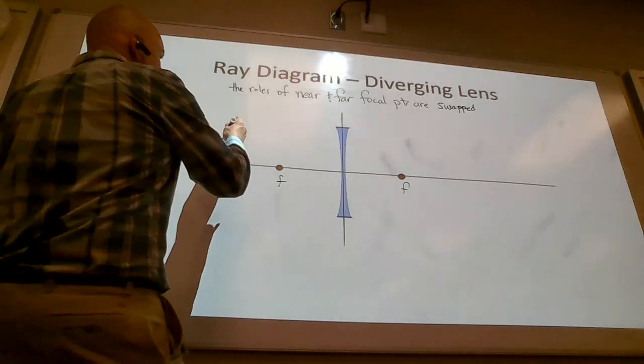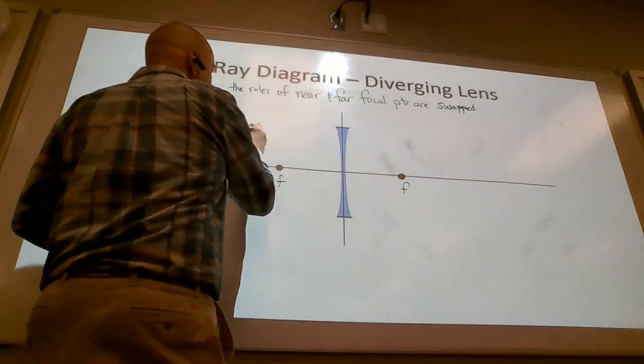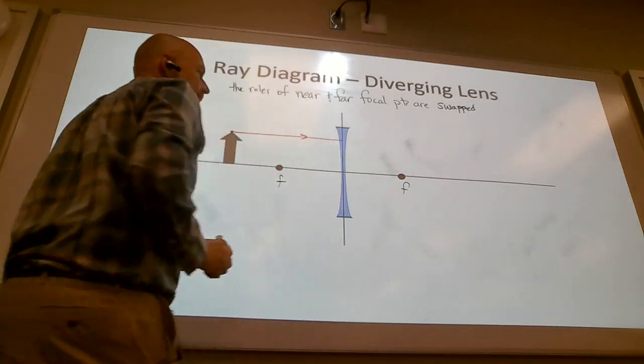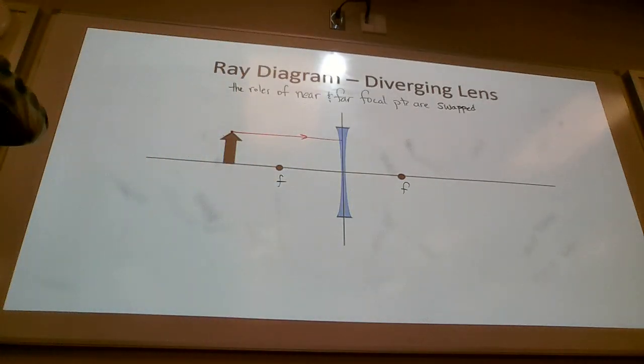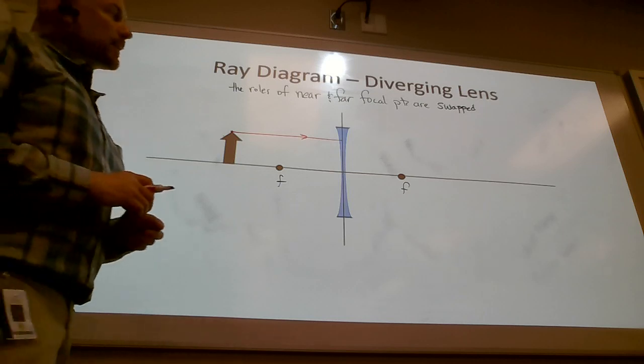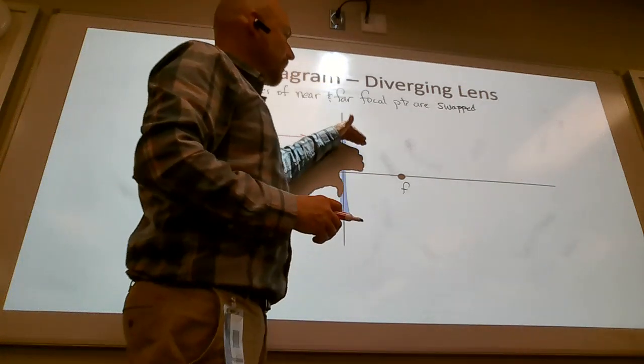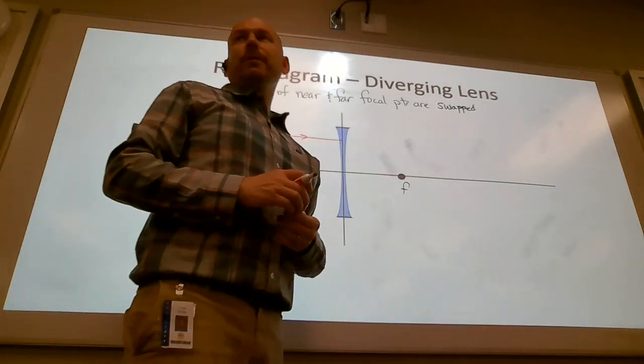Okay. So ray number one, parallel to the principal axis. If this was a convergent lens, then it would refract through the far focal point.